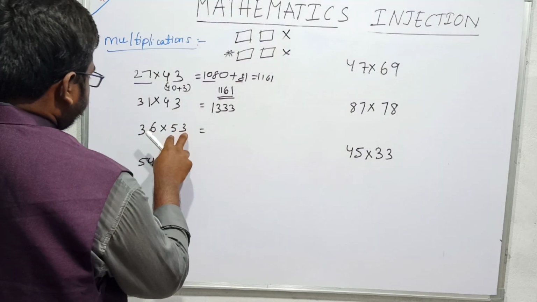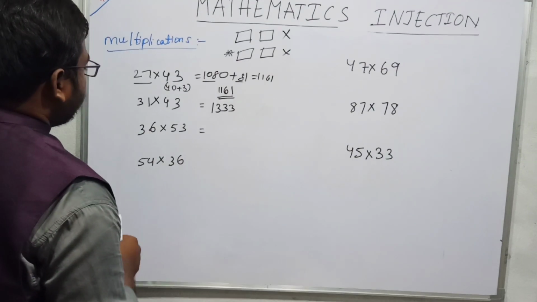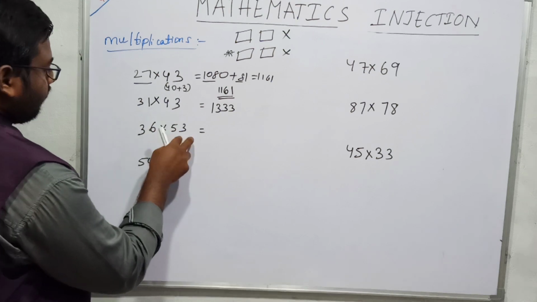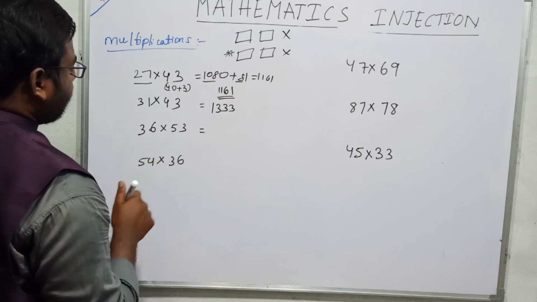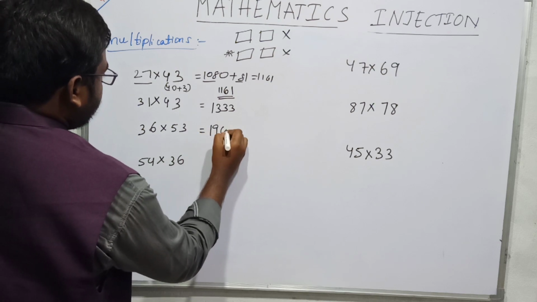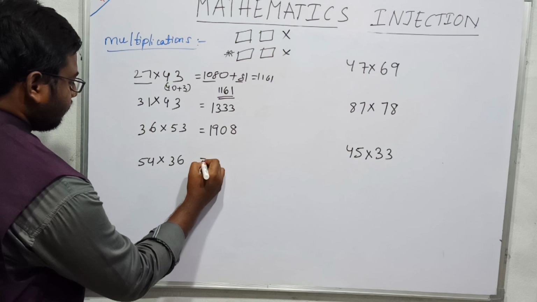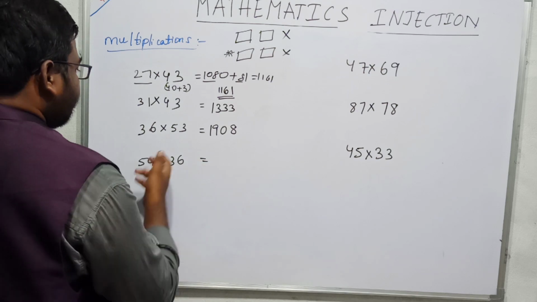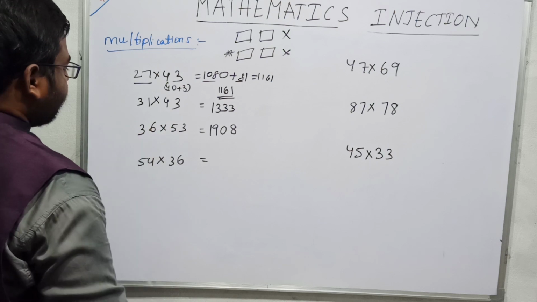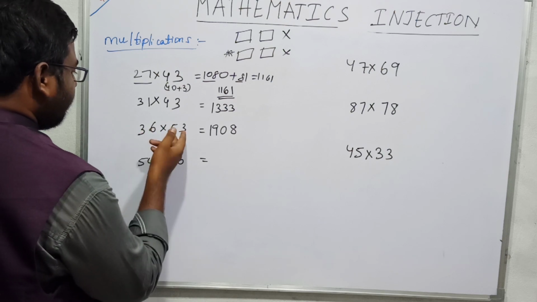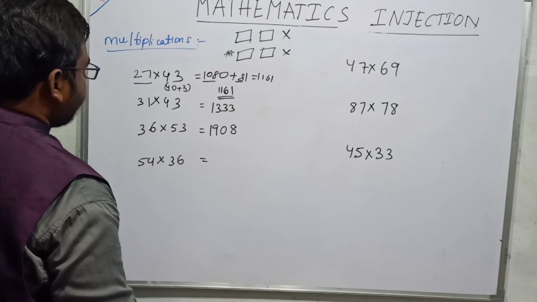So 36 into 53. 36 into 5, this is 180, and 36 into 3, this is 108. 180 plus 10, 190, and in 108, 8 is the unit digit, so 8 will be as it is. For example, you can calculate this with 53 also. 53 into 3, 159, and 53 into 6, 300 plus 18 is 318.